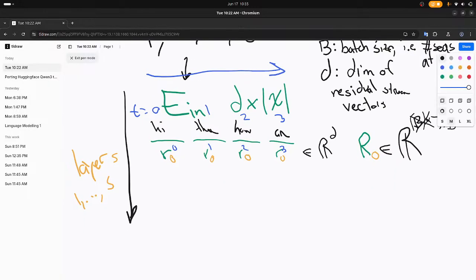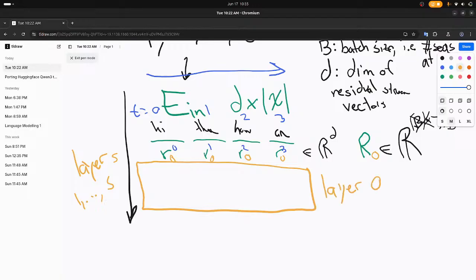Now we then go to S0, layer 0. And what will happen here is that this layer will tell us what we need to add onto each vector in order to get to the next layer of the residual stream.